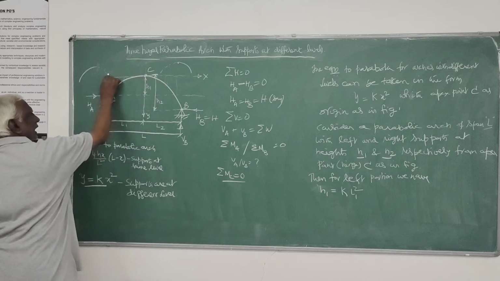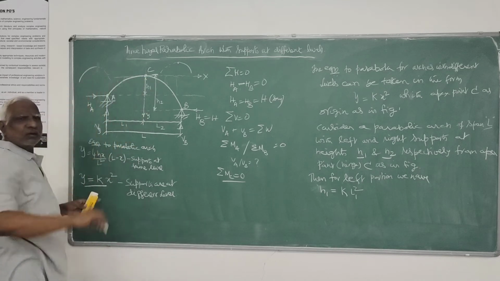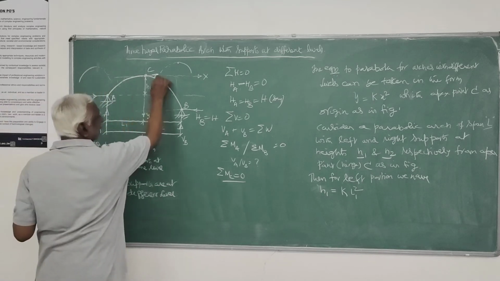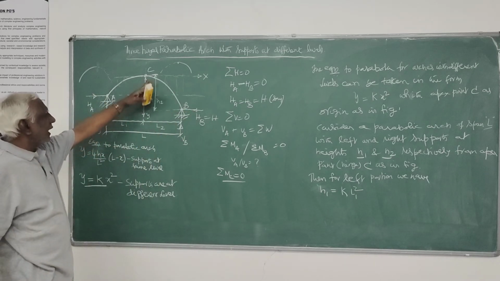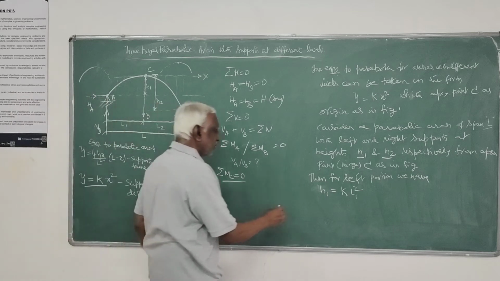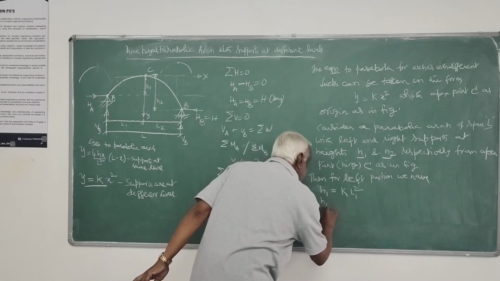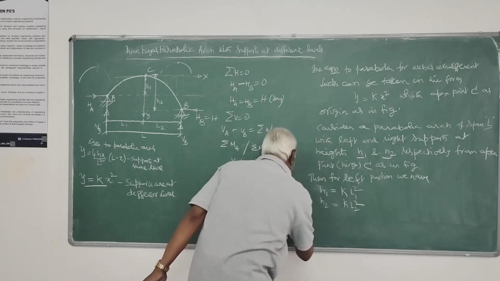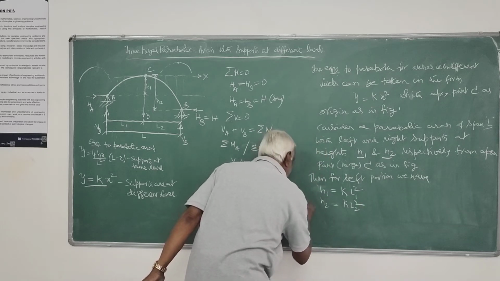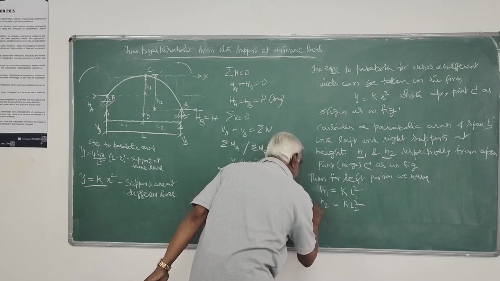As x is equal to L1, y is equal to H1. Similarly, at x equals L2, y will be H2, and H2 equals k L2 square for the right portion.